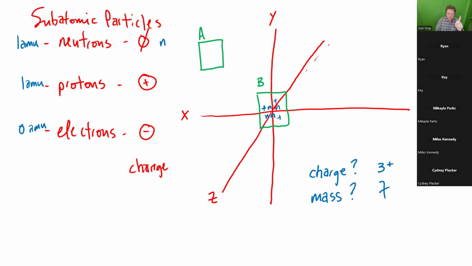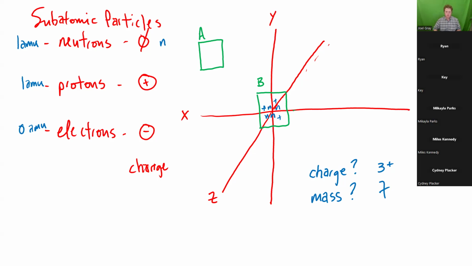Think about that single negative charge. Is it going to be in box A or B? Okay, I got 1 vote for A, another vote for A.